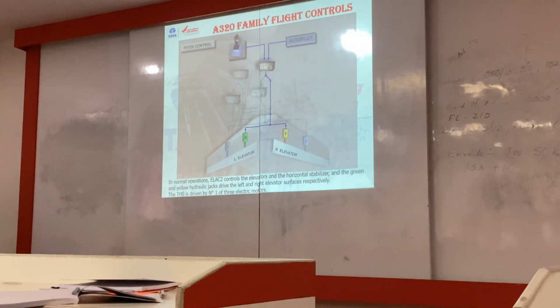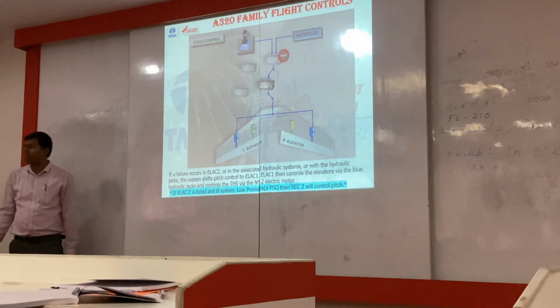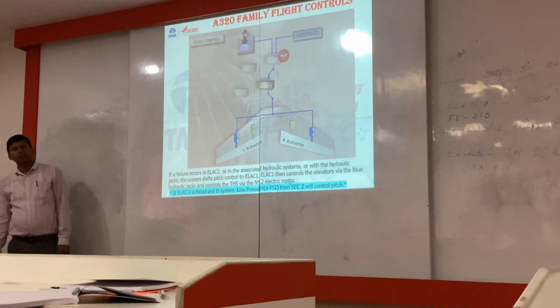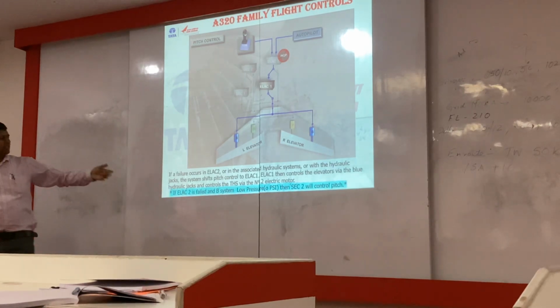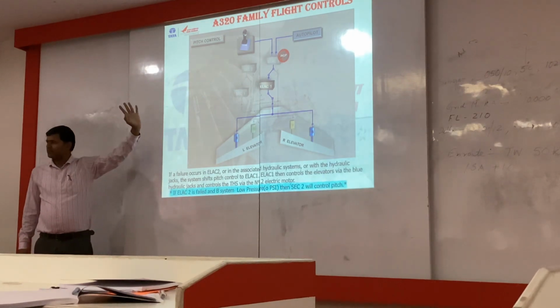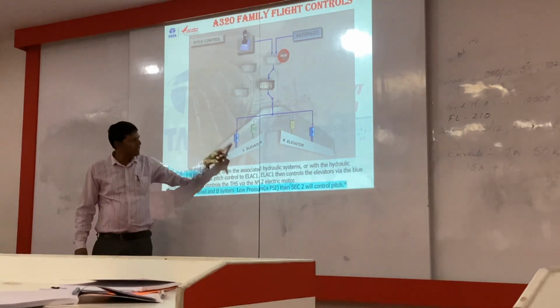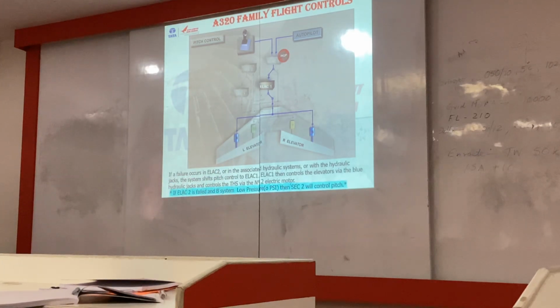By chance, if ELAC 2 fails, then it will switch over to ELAC 1. Suppose I am making a hypothetical situation: if ELAC 2 has failed and the blue system is at low pressure, one such hypothetical condition could be possible.